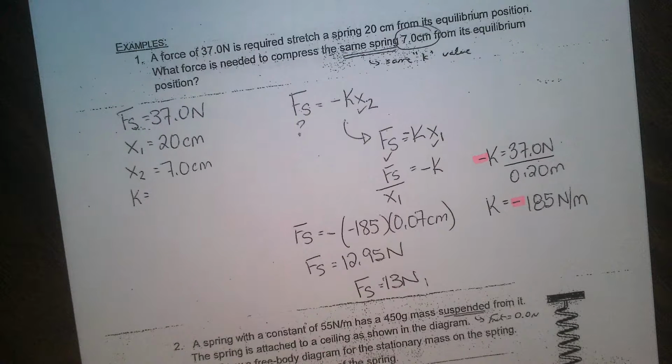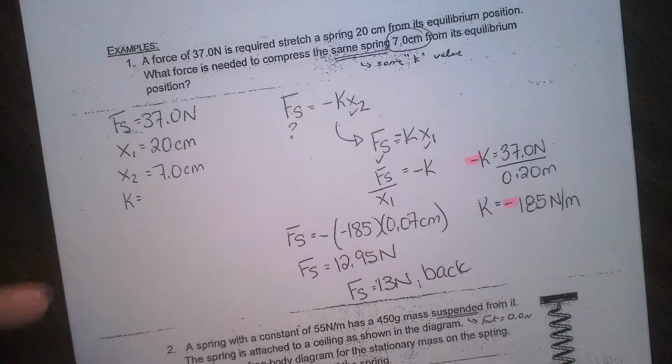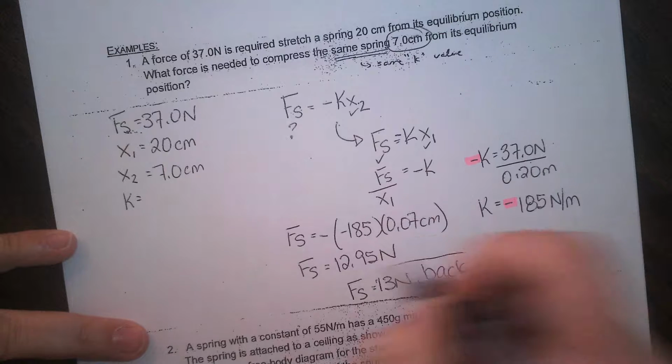And when we go back to the question, what force is needed to compress this same spring 7 centimeters from its equilibrium? So we want to put it back. If we were stretching it, we could say out if you wanted, because it's going outwards.